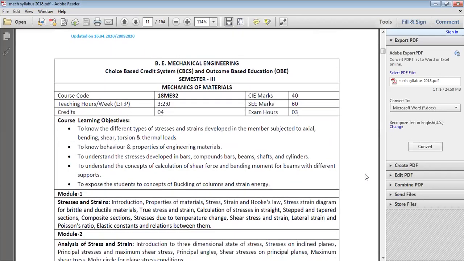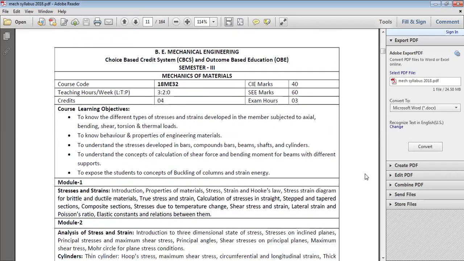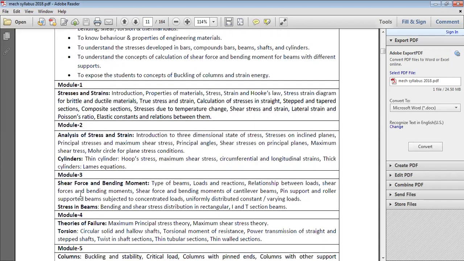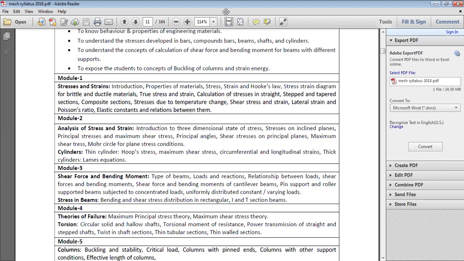Okay, if you see here, for mechanics of materials, in module 3 we have stresses in beam. In stresses in beam, we need to deal with the bending and shear stress distribution in rectangular, I and T sections of beam.